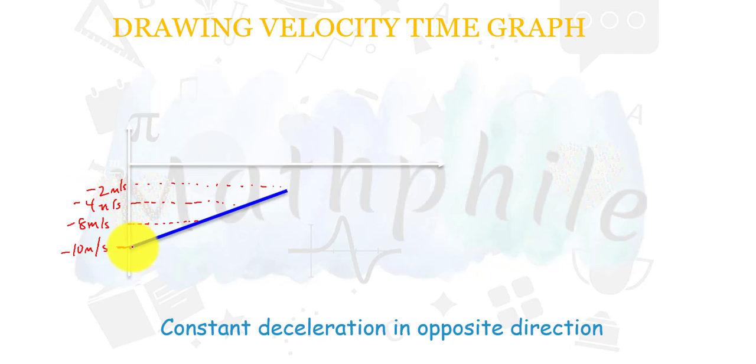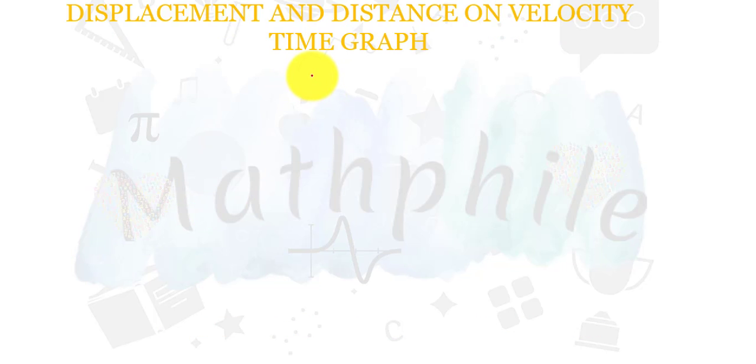As you can see, the speed is reducing. If the speed is reducing, you should know that there is deceleration. That is the main representation when it comes to the velocity time graph.